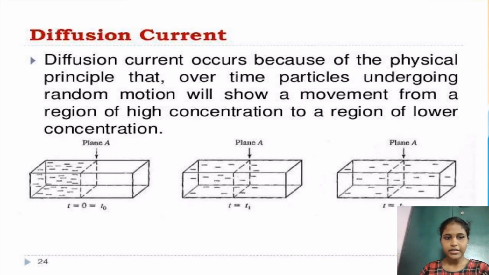In plane A, the particles are moving randomly, so T is equal to 0, that is T naught. Then the particles are moving freely and entering the second band, so T is equal to T1. In the third figure, the particles are moving freely and have entered the other side also, so T is equal to T2.